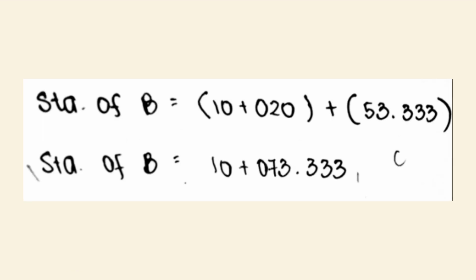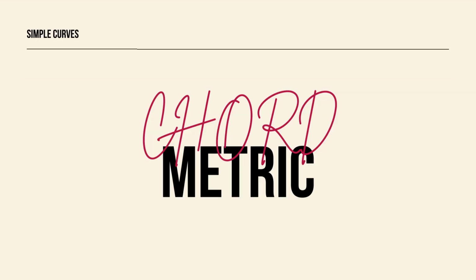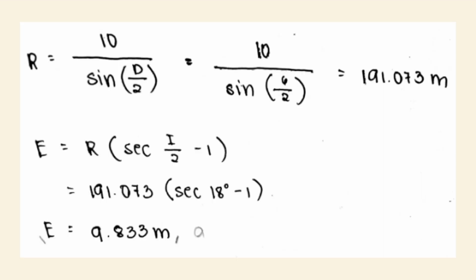Now, the stationing of B is simply the station of PC plus the value of S. So we have 10 and 020 plus 53.333, and the stationing of B is 10 and 073.333.